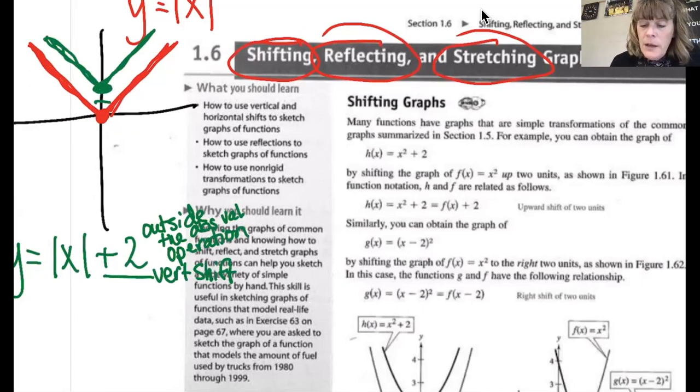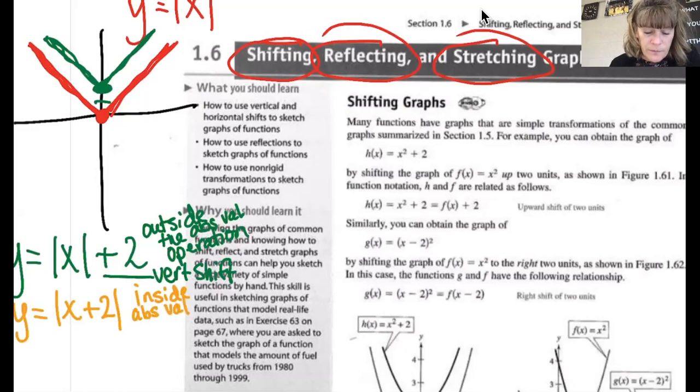If I had a horizontal shift, then that would look like this. And now you see that the plus 2 is inside the absolute value function or operation. That is going to be a horizontal shift.